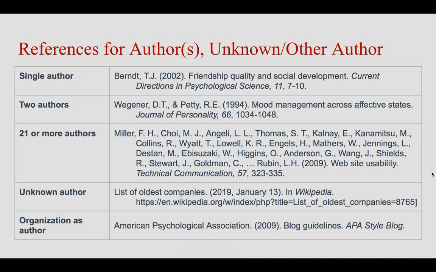This slide talks about how to handle a single, multiple, unknown, or organization as author for the different sources you might be working with in your full citations. So let's take a look at that before we talk about the different kinds of sources you might be encountering. In this first example, if you only have a single author, you'll list the author's last name, comma, and then the initials of their first and middle name.